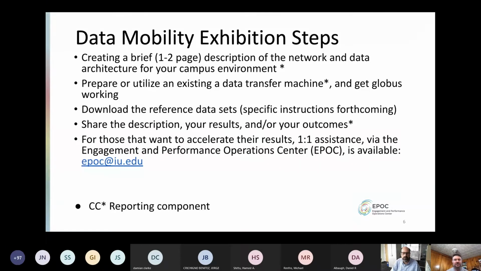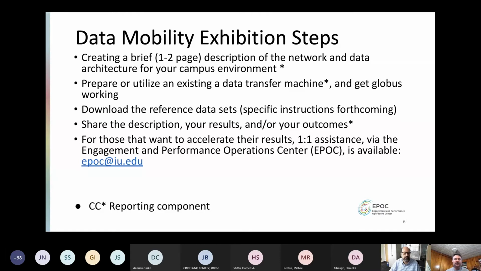So the steps really include on this, and some of these are relevant to what you need to report on your CC Star anyway, so you're kind of already doing the work. It's just, see what we can get here. So do a 1 to 2 page description of your network and data architecture, which is a CC Star reporting piece. Get a data transfer machine set up or use an existing machine.